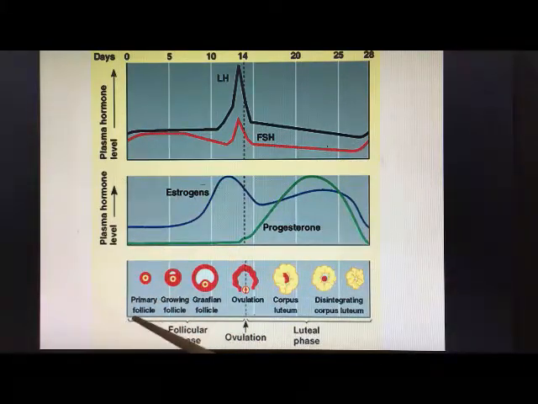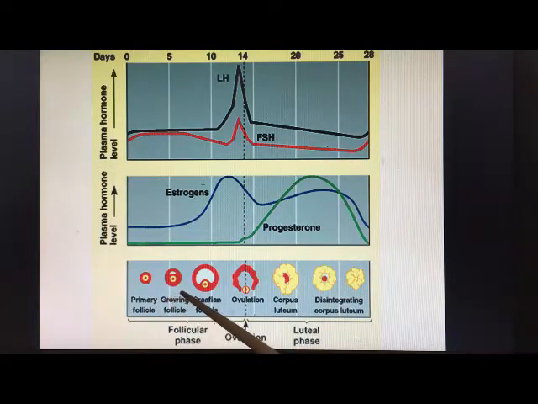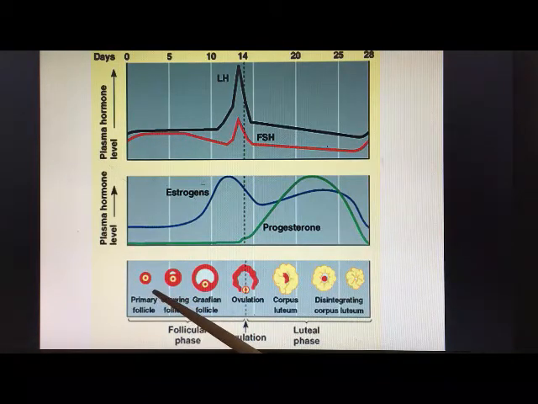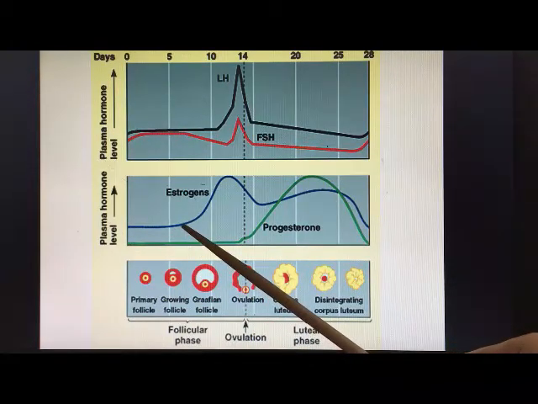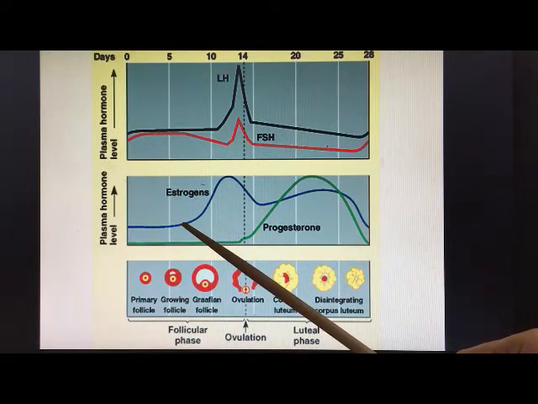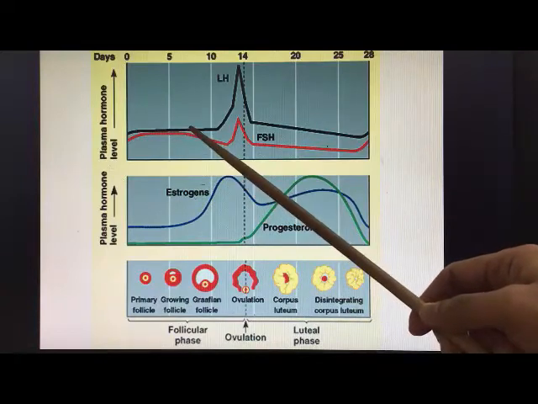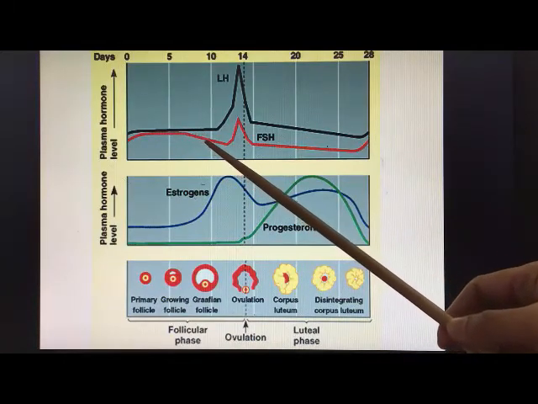So you can see that inside the follicular phase, when the primary follicles are developing, they secrete estrogen. So in the early development of the follicles, a small amount of estrogen is secreted. When a small amount of estrogen is being secreted, it exerts the negative feedback on the anterior pituitary gland, which causes the level of LH and FSH to decrease at this point.